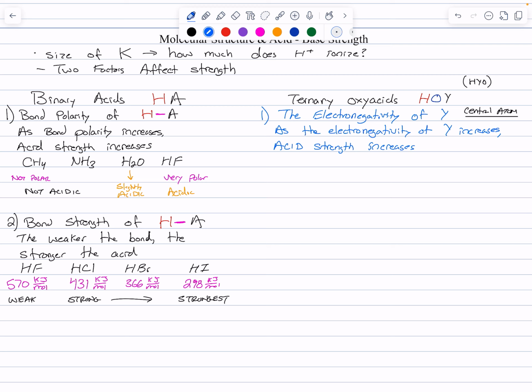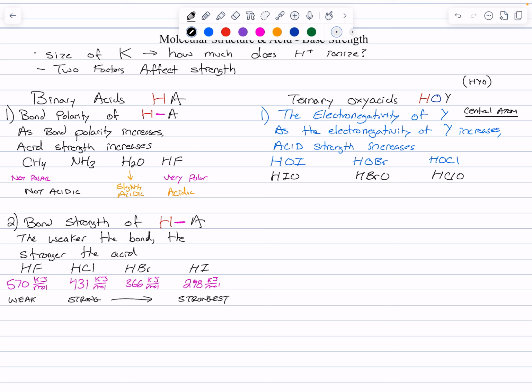Well, what do I mean? So if we have HOI, HOBr, and HOCl. Now, typically they're not going to be written this way. They're going to be written HIO, HBrO, and HClO, right?